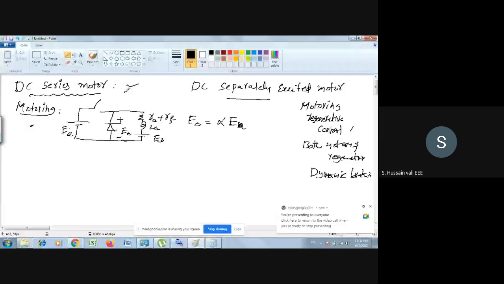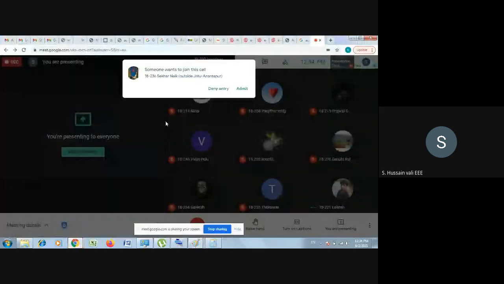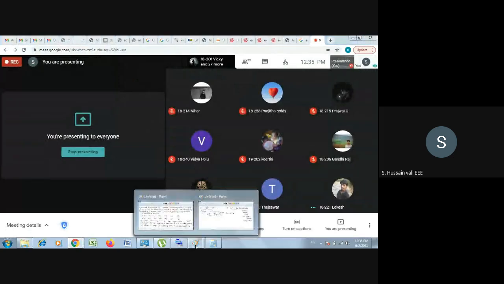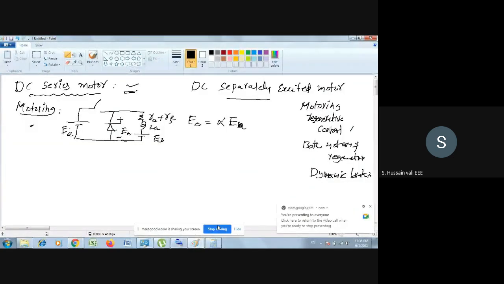Whenever you find any problem, you stop there and you can do it. Okay. So now, see here, what I said just now is the separately excited DC motor. On the DC motor, we have seen the motoring condition, then the regenerative condition, and combined motoring and regeneration.